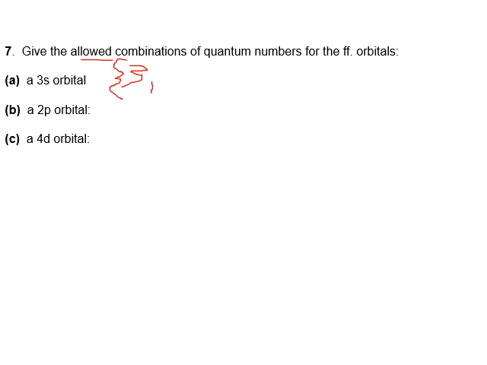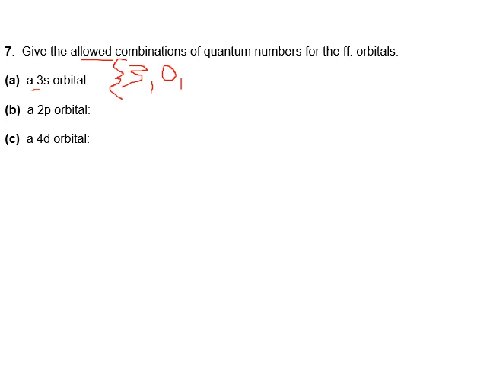They're actually only asking for the first 3 numbers, not the fourth, the spin number. So the first one would be 3 because it's in the third row. It's the third shell, and then S is always 0 because S, P, D, F is 0, 1, 2, 3.